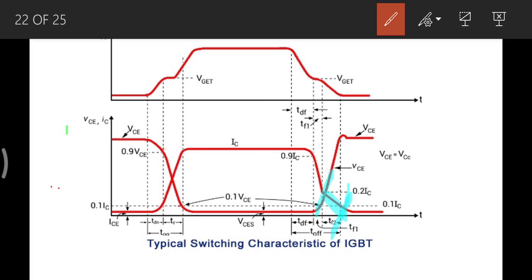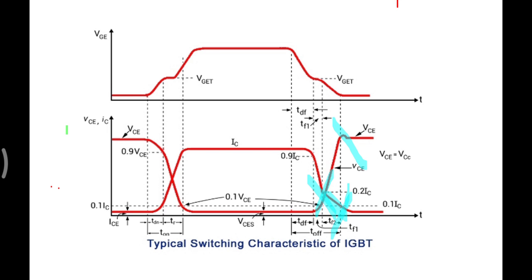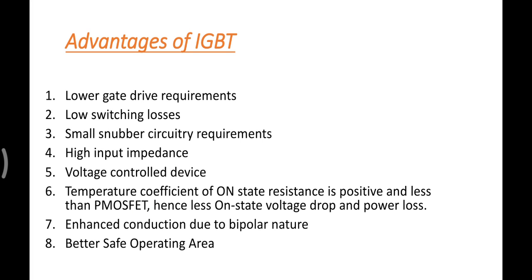This duration is called the final fall time, and it can also be defined in terms of collector emitter voltage as the time taken from 0.1 VCE to the final value of VCE. So this is all about the switching characteristics, or dynamic characteristics, of the IGBT.